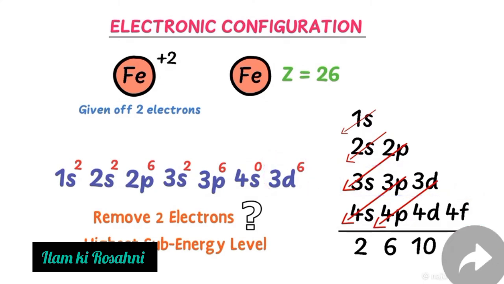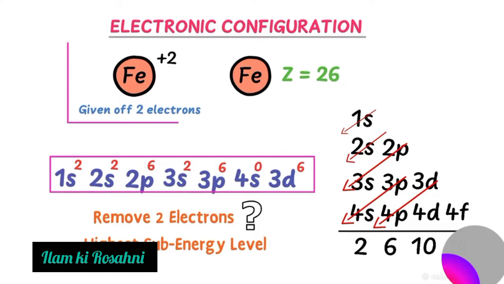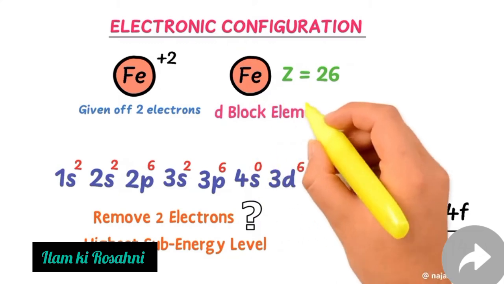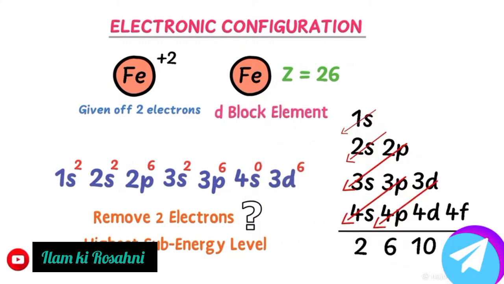So 4s is the highest sub-energy level. Hence, this is the electronic configuration of iron ion. Iron atom is also called a d block element because its valence electrons lie in the d subshell.